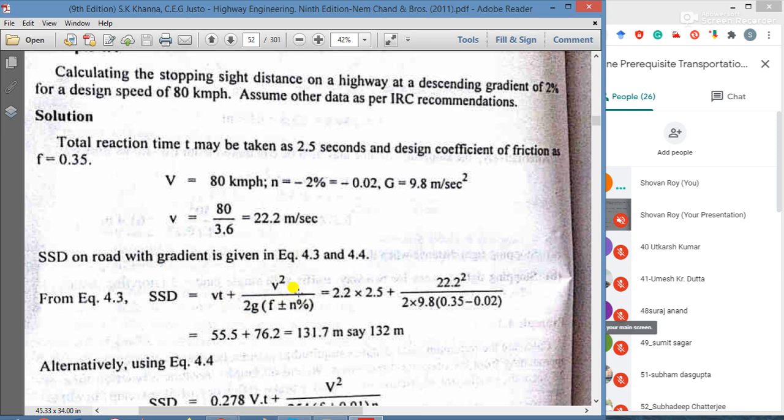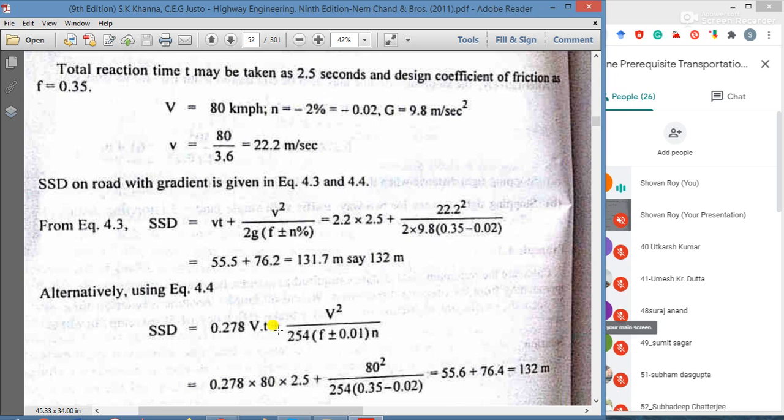So 22.2 into T, which is 2.5, plus 22.2 square by 2 into 9.8 into (0.35 minus 0.02), minus because it is a descending gradient. The result is 131.7 meter. This is the stopping sight distance in slope.